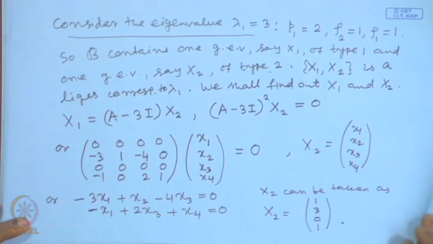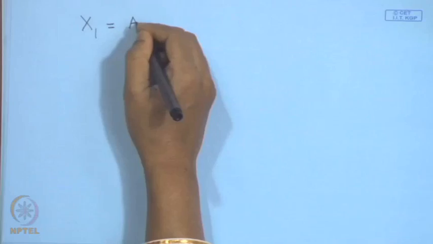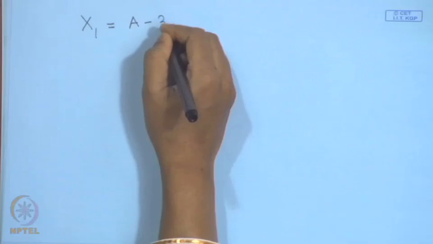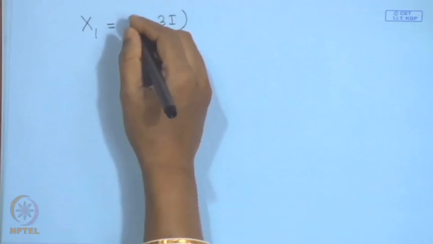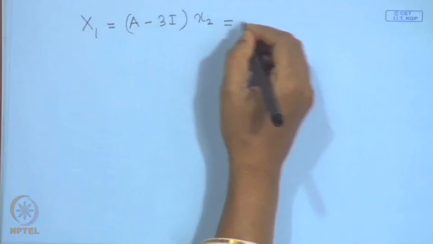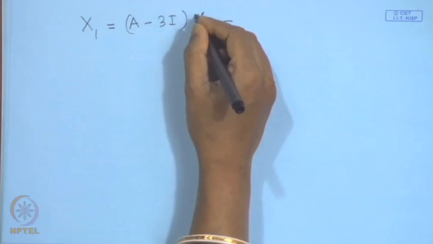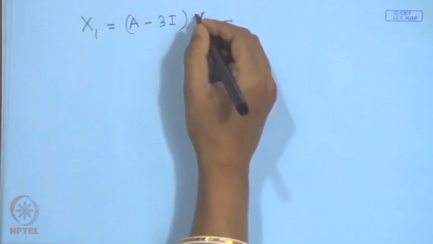Next we can find x 1 from x 2: x 1 is A minus 3I times x 2. One can compute it, considering this as our capital X 2.